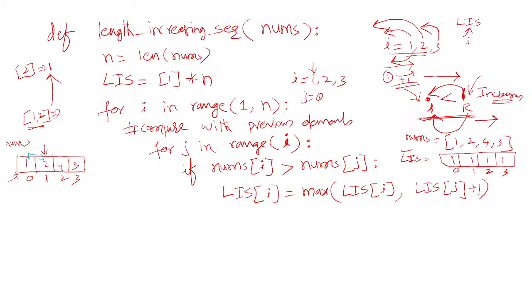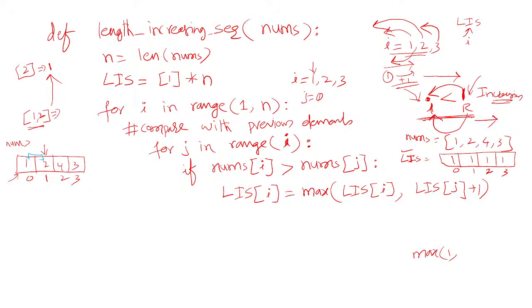So that is what we are doing. See, LIS of index i. The i value means 2 is forming a longest subsequence. So LIS of i, i value is 1. So LIS of 1 is the max of, how do we calculate? Just see here. It is nothing but max of LIS of i, the previous count value, then LIS of j plus 1.